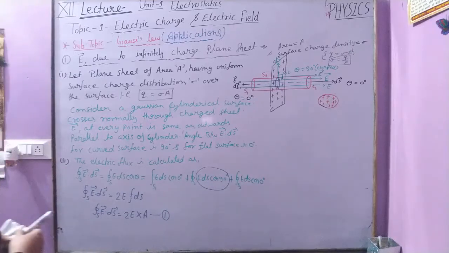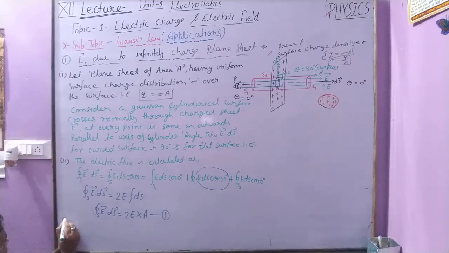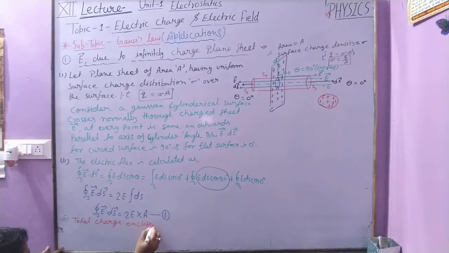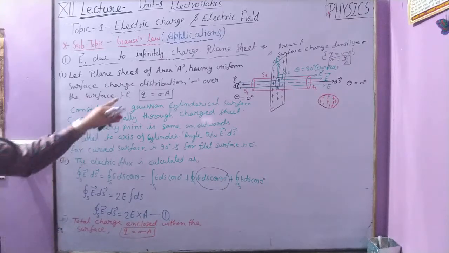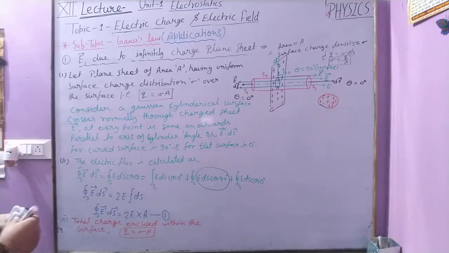Now the third point is total charge enclosed within the surface is Q equal to sigma A, which we explained in the theory.